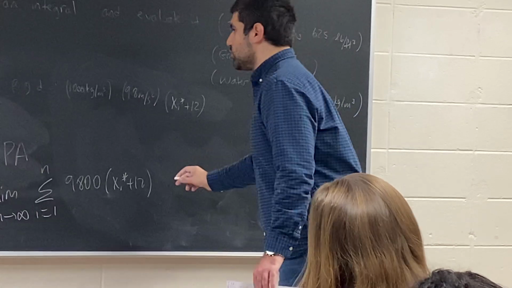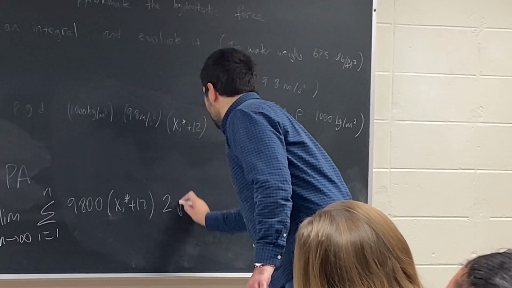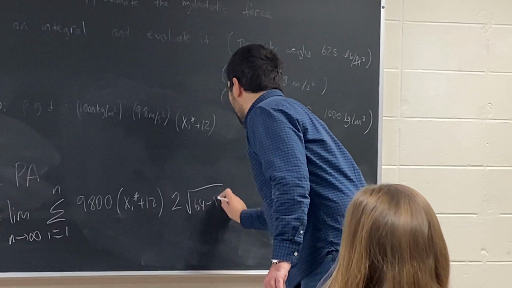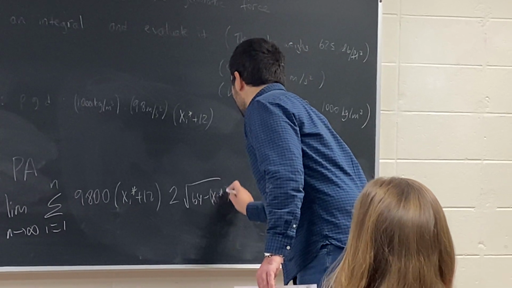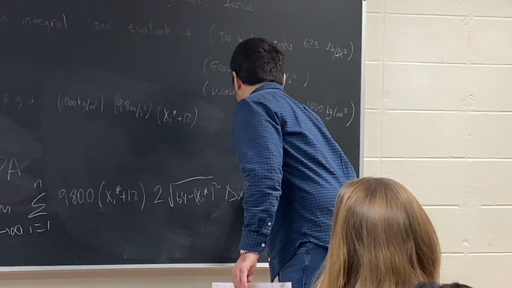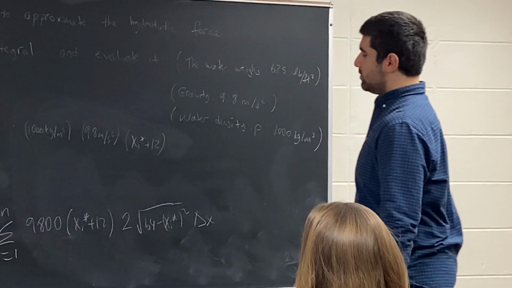Times the area, which is going to be 2 times the square root of 64 minus xi star squared delta x.